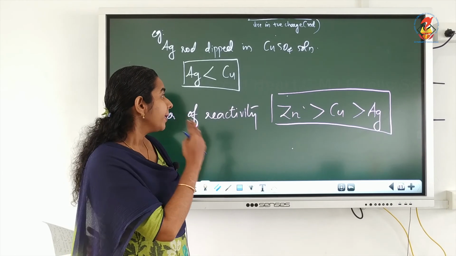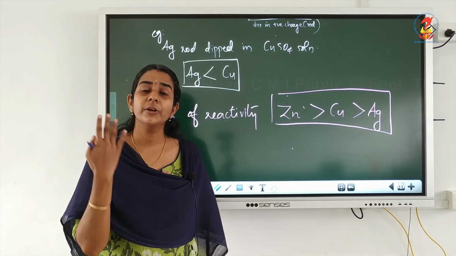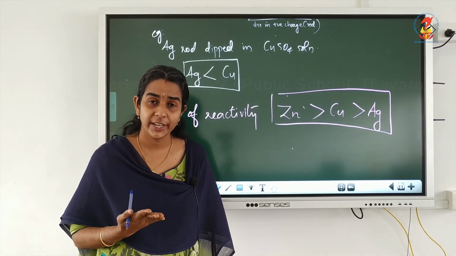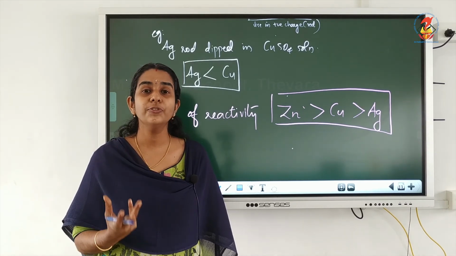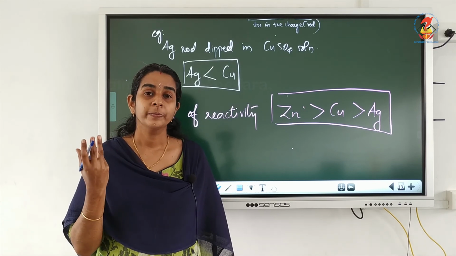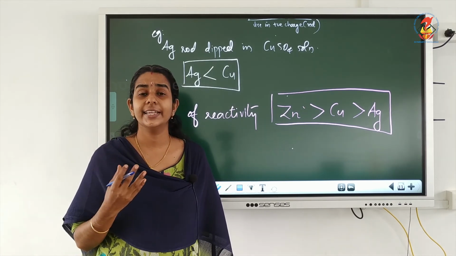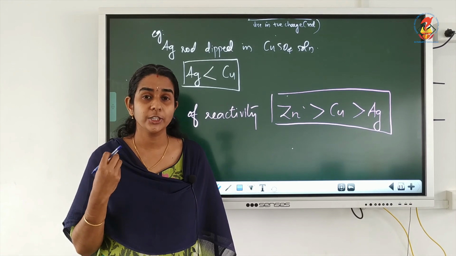Now, we know that different metals have different orders of reactivity. Based on this concept, we design certain cells called galvanic cells or electrochemical cells.